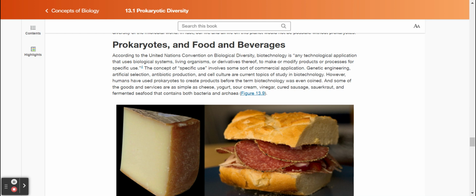Genetic engineering, artificial selection, antibiotic production, and cell culture are current topics of study in biotechnology. However, humans have used prokaryotes to create products before the term biotechnology was even coined, and some of the goods and services are as simple as cheese, yogurt, sour cream, vinegar, cured sausage, sauerkraut, and fermented seafood that contains both bacteria and archaea.